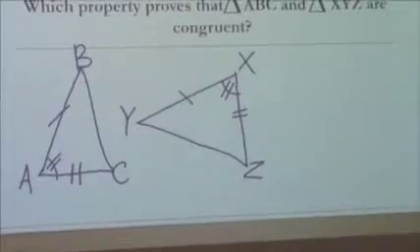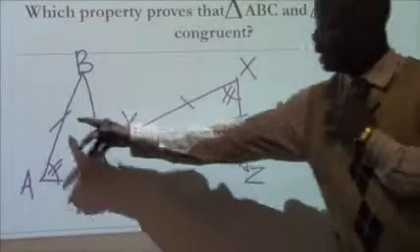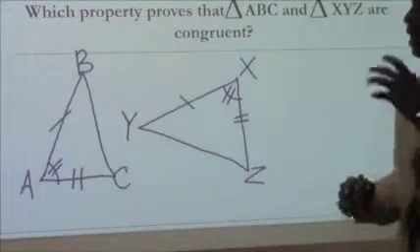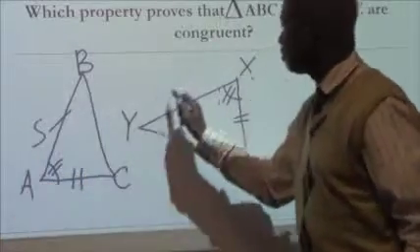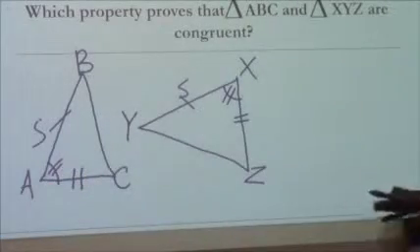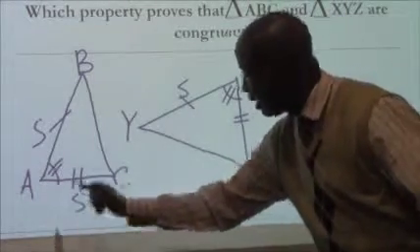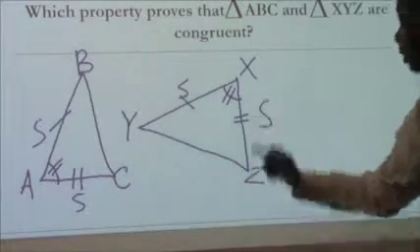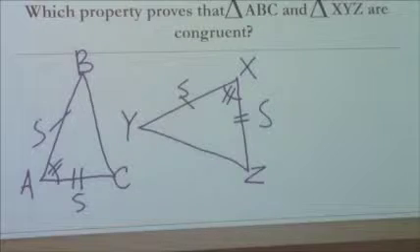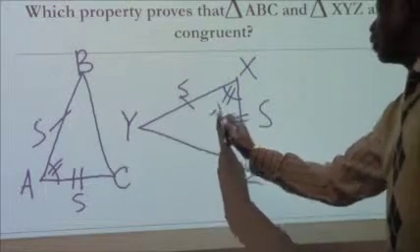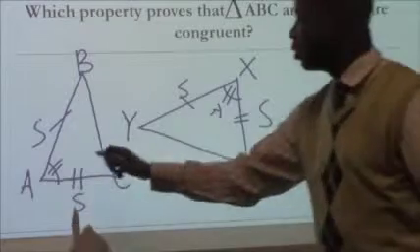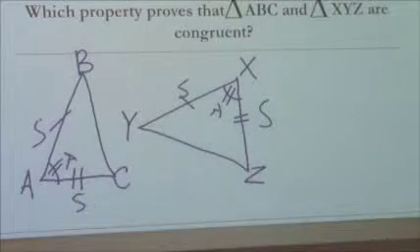Okay. So what do I see? I see that this side is congruent to that side. I have two sides that are congruent from two different triangles, one side from this and one side from the other one. Then I also have another side from here congruent to another side from here. Now I also see that the angle between those two sides of this one is also congruent to the angle between those two sides of this one.